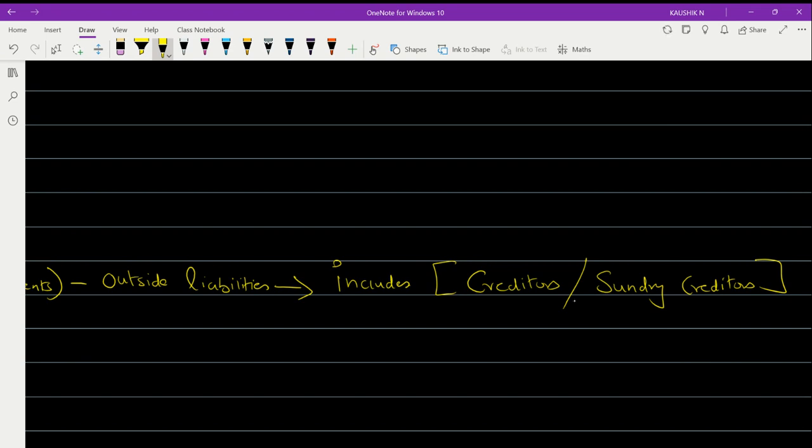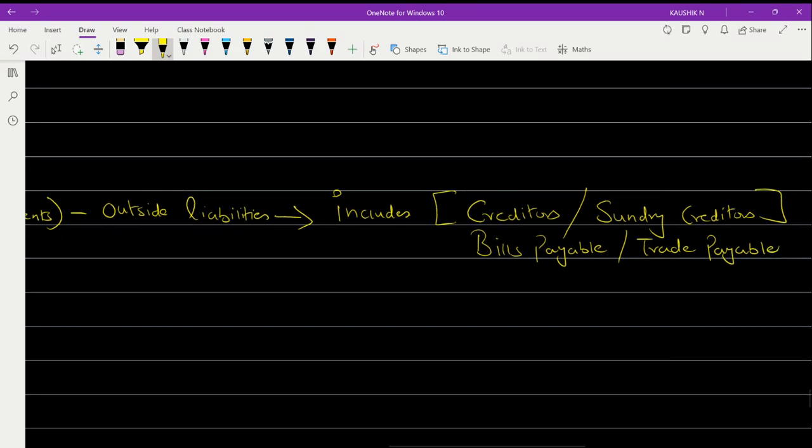Followed by that you may have bills payable or trade payable.